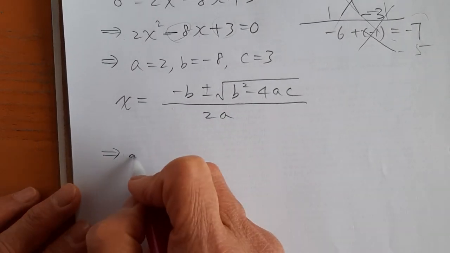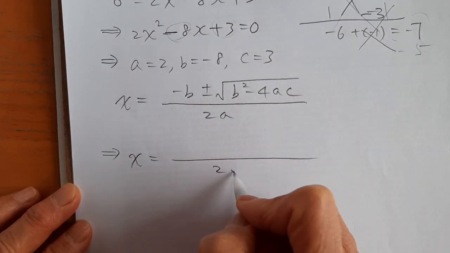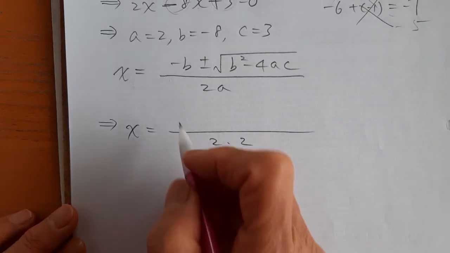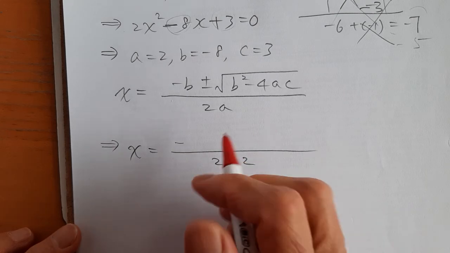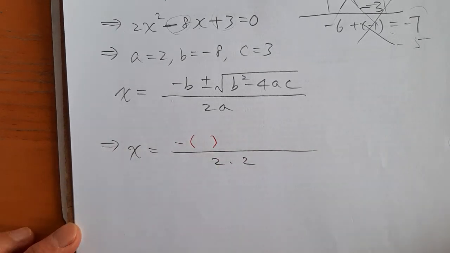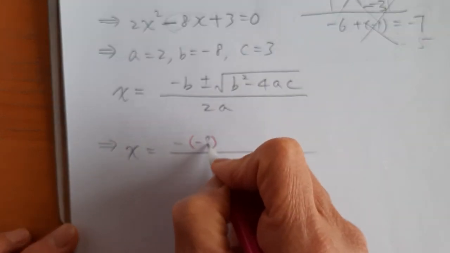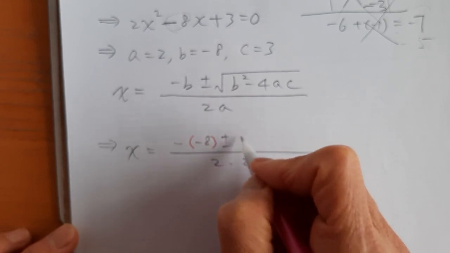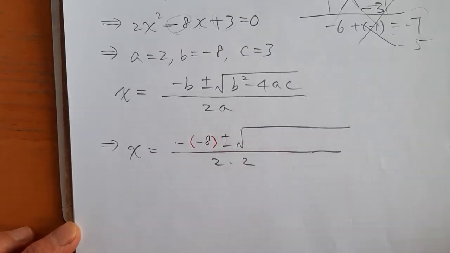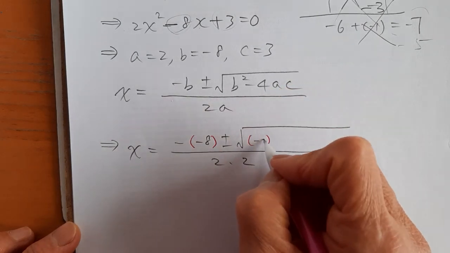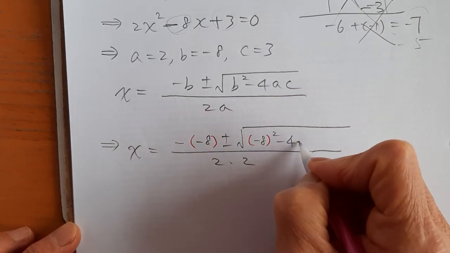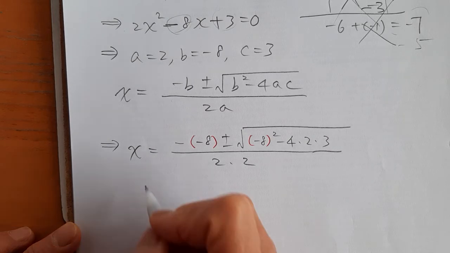So we got x equals, over 2 times 2. a is 2. Negative b, b is negative 8, so you need to put the parenthesis, negative 8 in the parenthesis, plus minus square root of, you need to put the parenthesis, b is negative 8 squared minus 4, a is 2, c is 3.